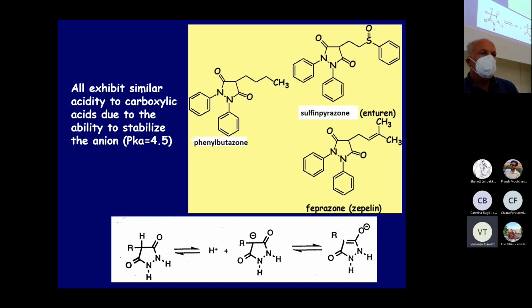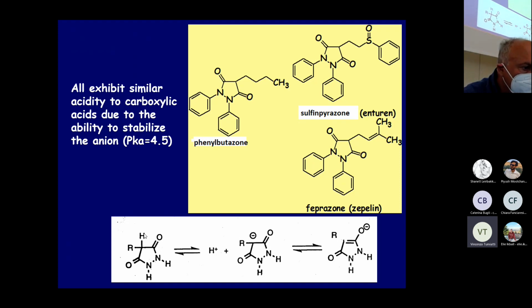You have to look carefully, and you see that at this point there is a proton, located on a carbon between two carbonyls. You see it better in this picture.